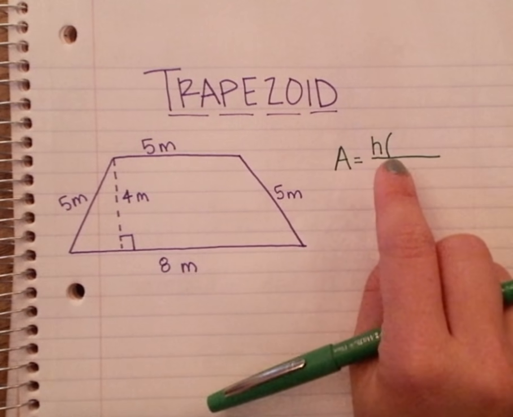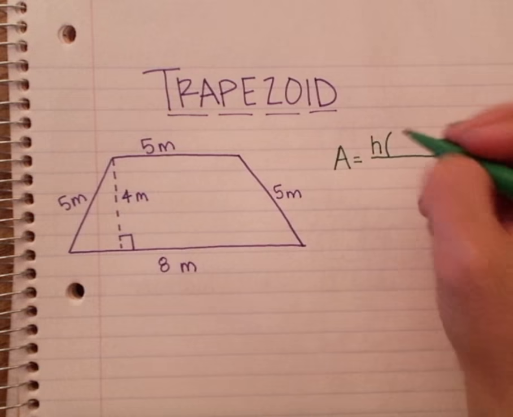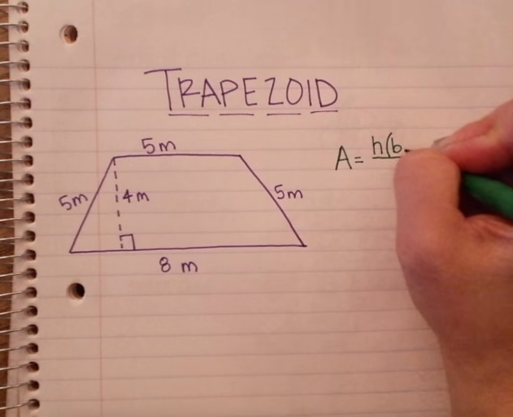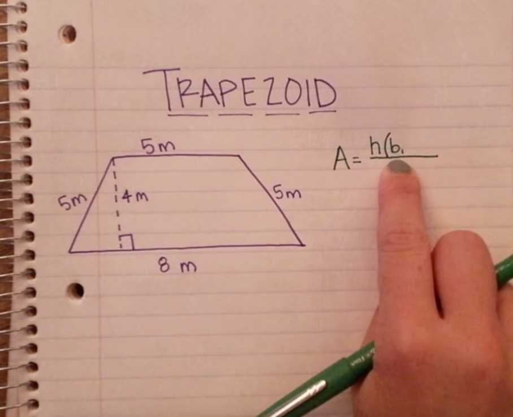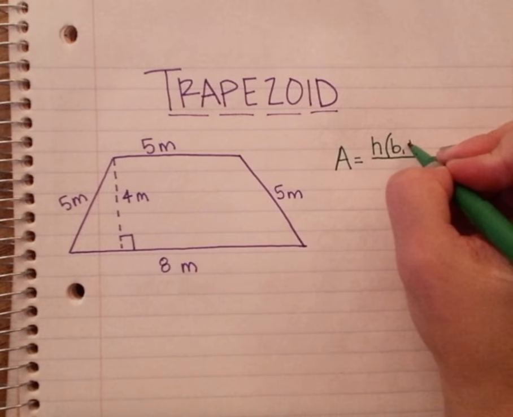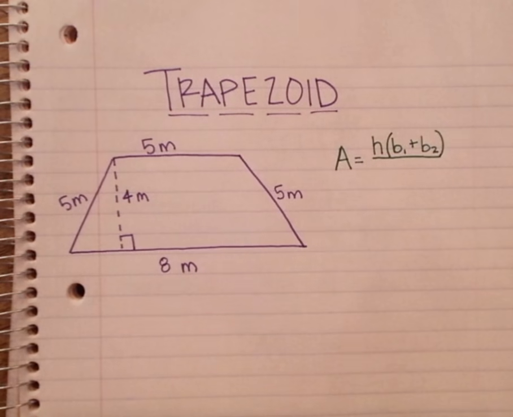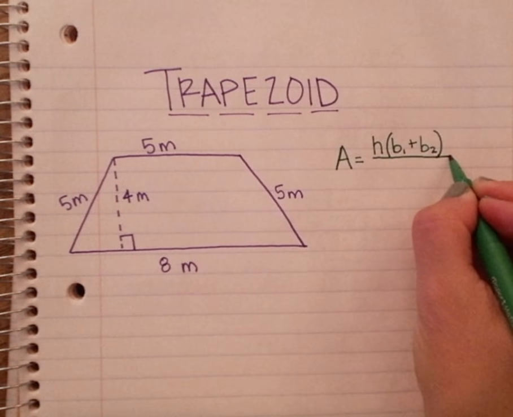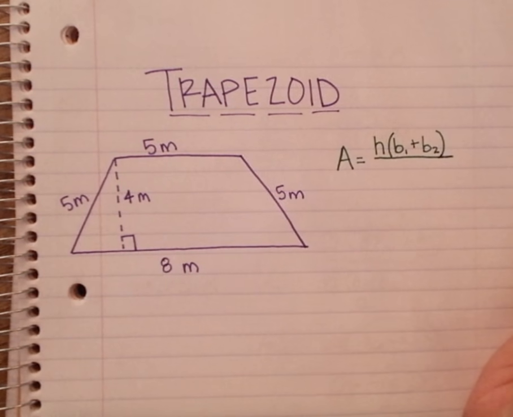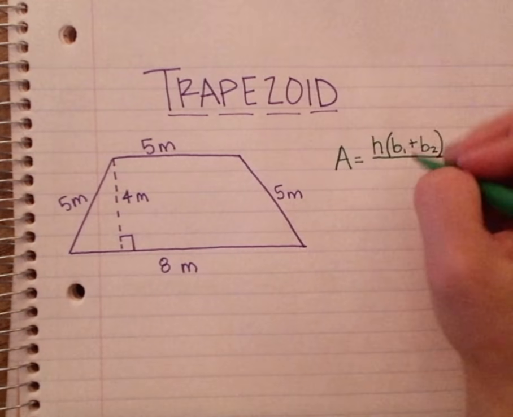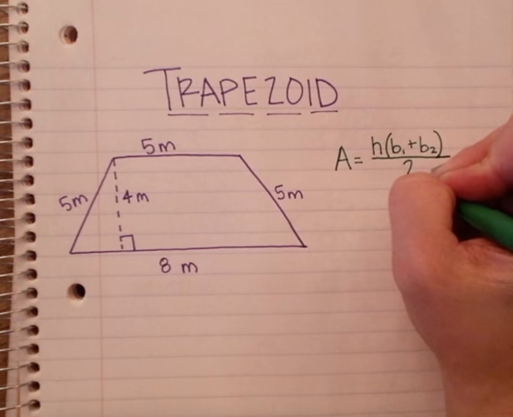Multiplication. You guys are awesome. Multiplication. Inside of the parentheses, we have B1, which stands for base 1, and we're adding that to base 2, so B2. You guys remember order of operations? What do you do first? Parentheses before your multiplication. Good job. And then all of that is going to be divided by 2.